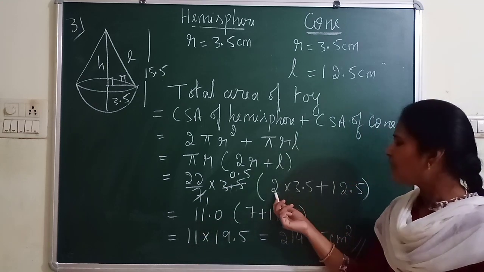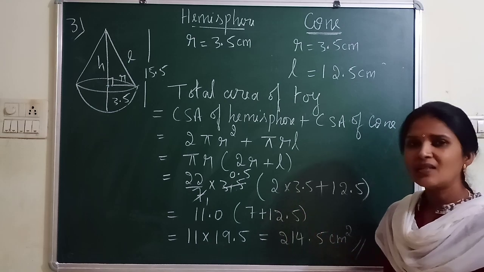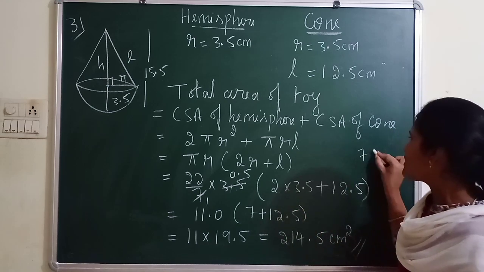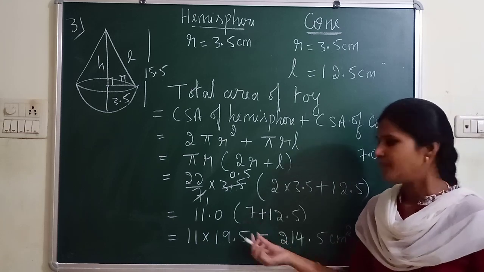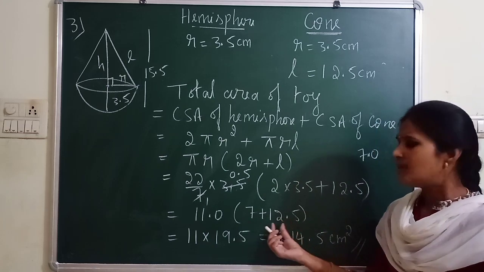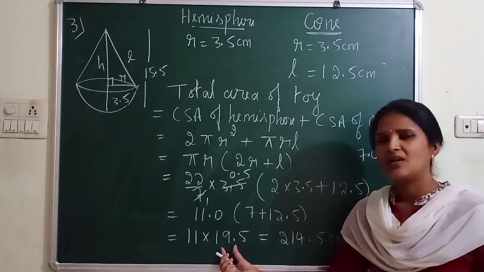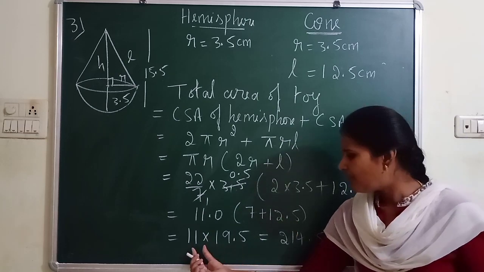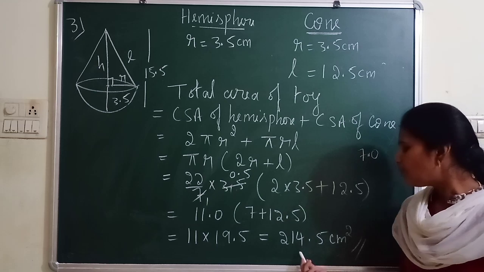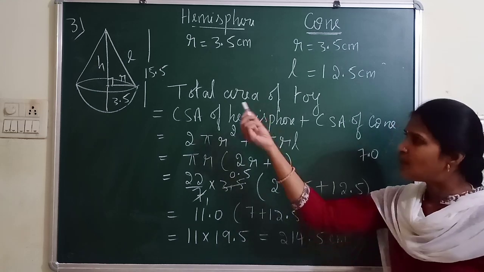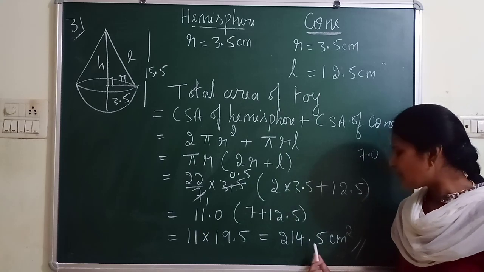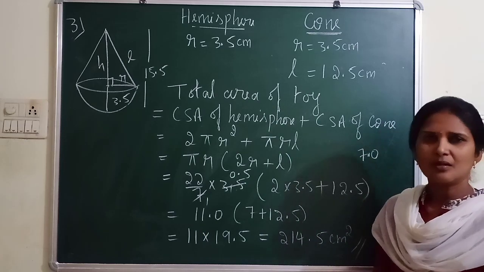Now 3.5 into 2, 35 2s are 70, but the point is there, 7.0, nothing but 7 plus 12.5. So 7 plus 12.5 is 19.5. So 11 into 19.5 is 214.5 centimeter square. So the area of the given toy is 214.5 centimeter square.